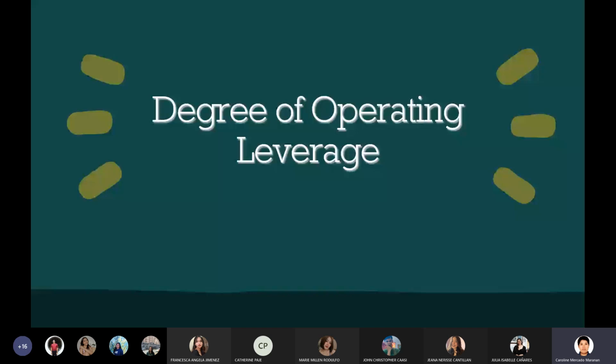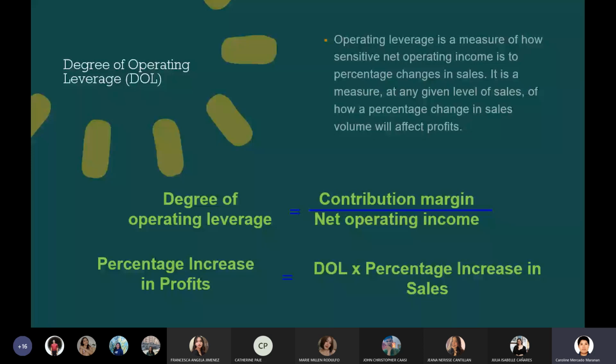So, degree of operating leverage or DOL is a measure of how sensitive net operating income is to percentage changes in sales. Kung nagbago ang sales ng 20%, ilang percent na magbabago rin ang profit? Or, nagbago ang sales na bawasan ng 10%, ilang percent ang mababawas sa profit?